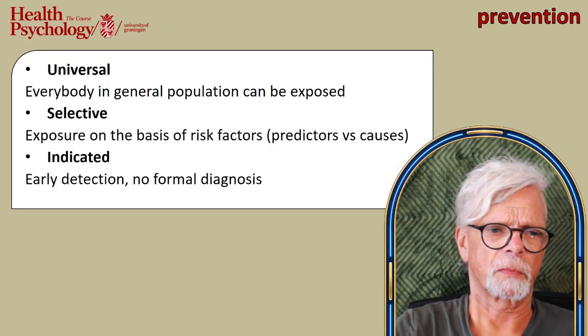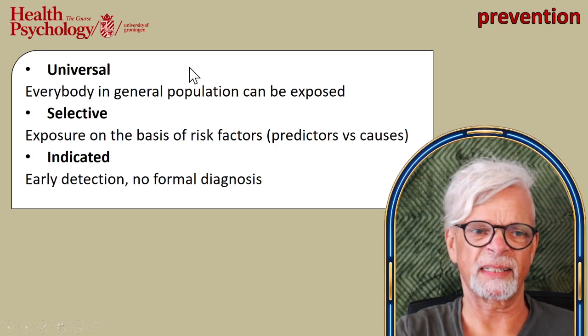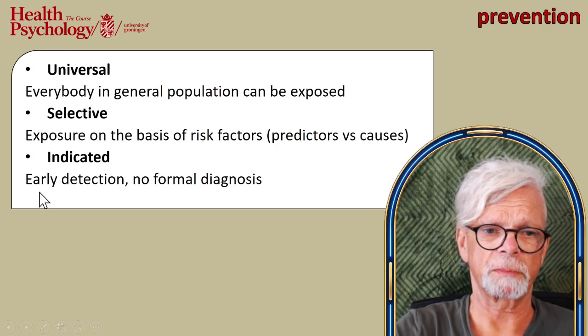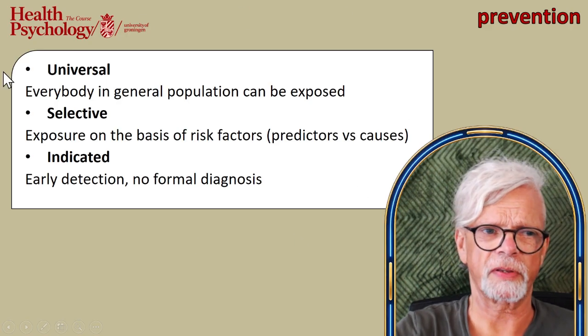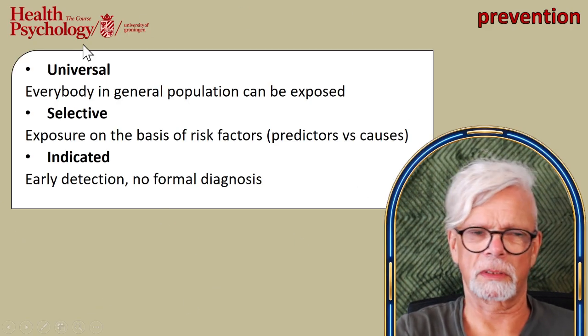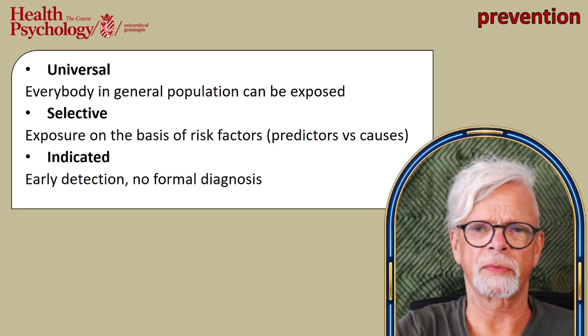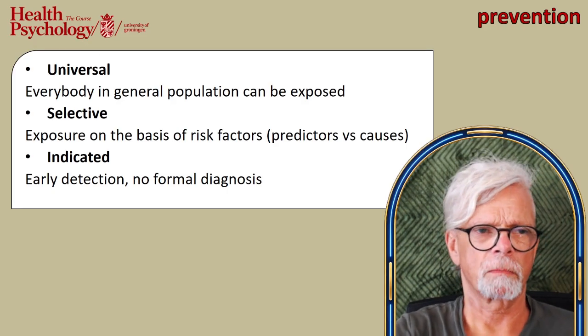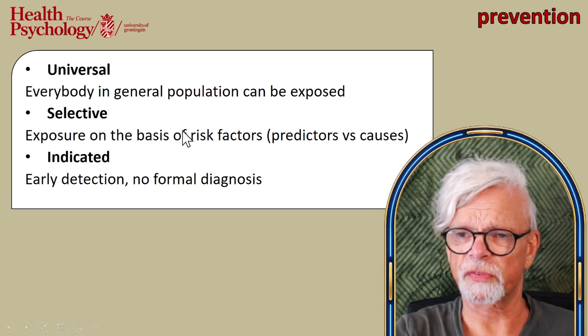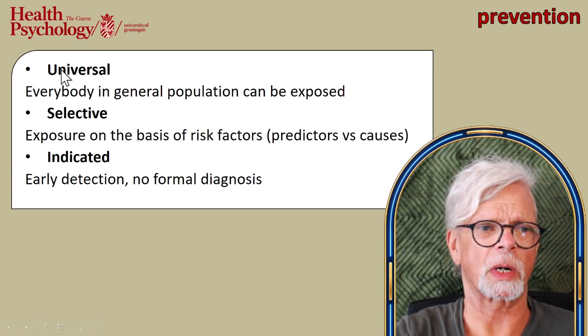But before people get ill, we can do some prevention measures, and people can behave in a preventive way. And we can look at that in different ways. One now somewhat more modern way of distinguishing different types of prevention is this one.